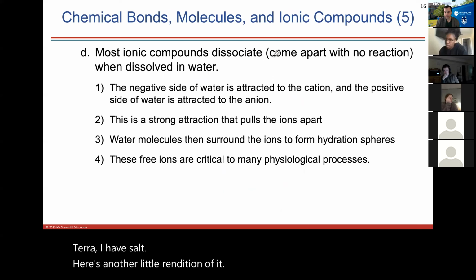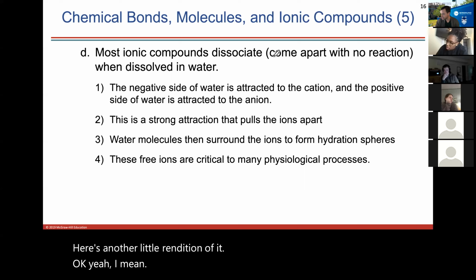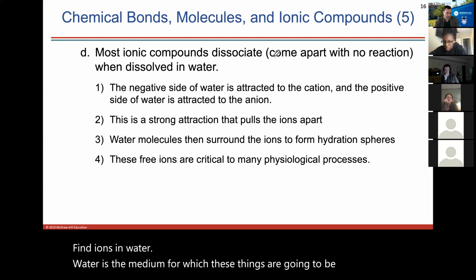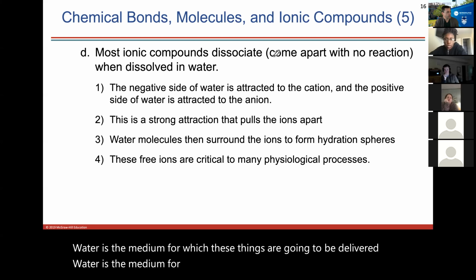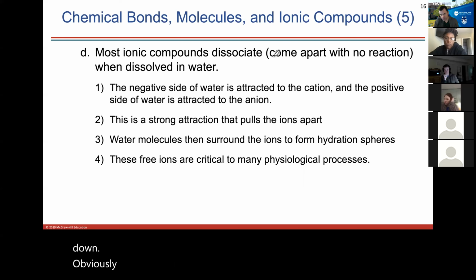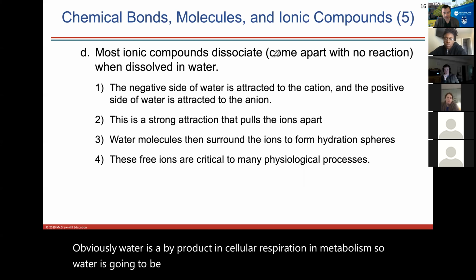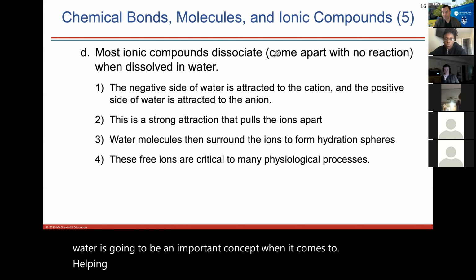Yeah, I mean, where do we find ions? Find ions in water. Water is the medium for which these things are going to be delivered. Water is the medium for which these things are going to help to be broken down. Okay. Obviously, water is a byproduct in cellular respiration, in metabolism. So water is going to be an important concept when it comes to helping to get chemical reactions to be facilitated, right?